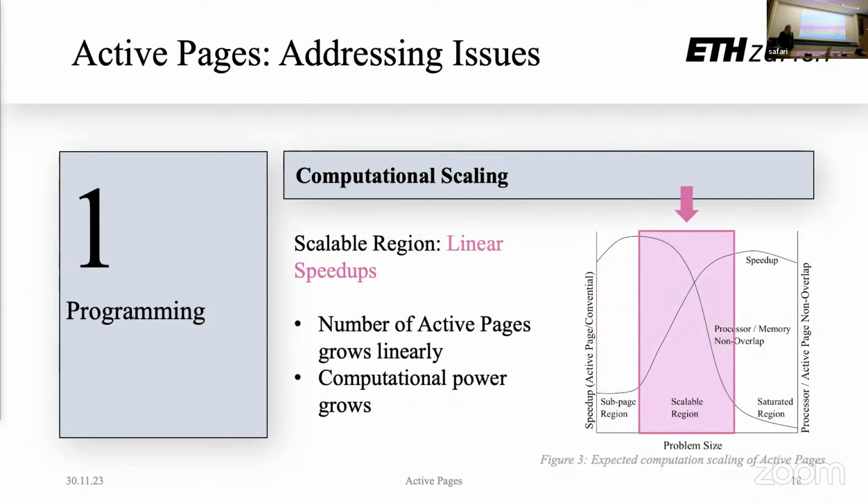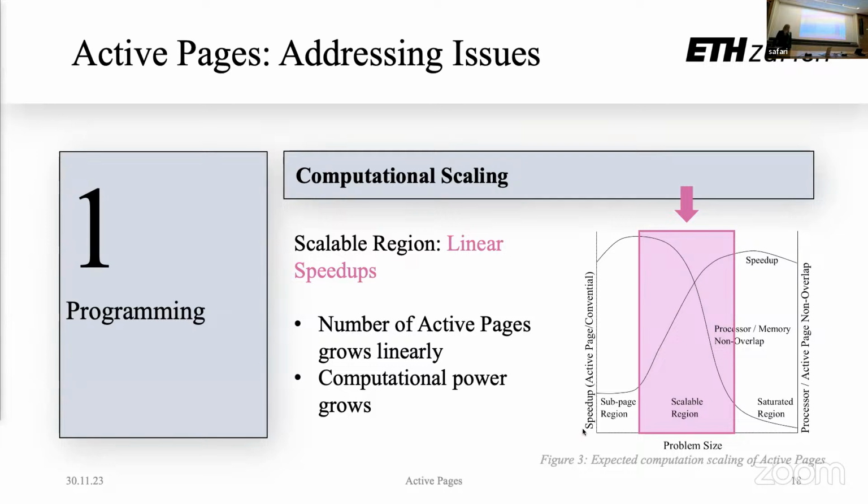But all of this changes when we reach the scalable region, where we see linear speedups. That is because when the problem size becomes large enough, the number of active pages scales linearly, and therefore so does the computational power.